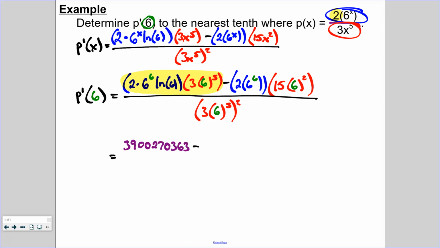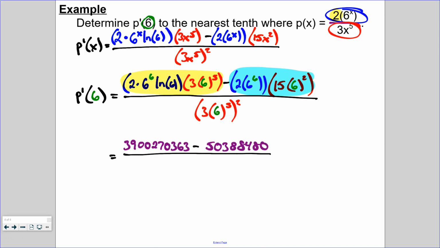Then I'm going to plug this second one into the calculator. So parentheses 2 times 6 to the 6th power times 15 times 6 to the 2nd power. And that is going to give us 503888480.